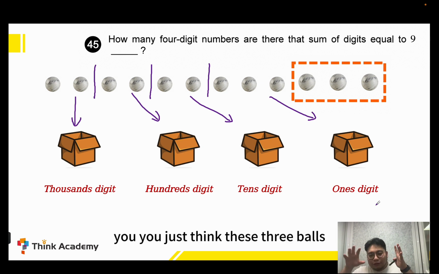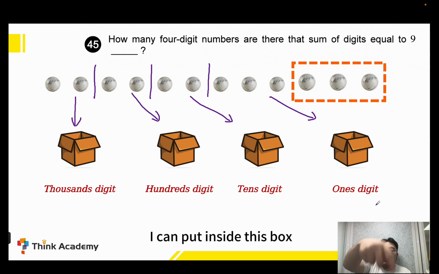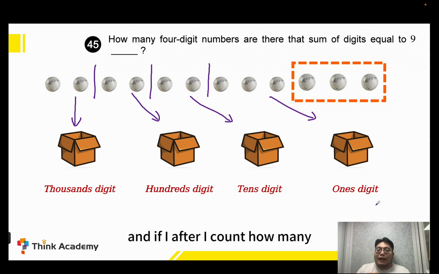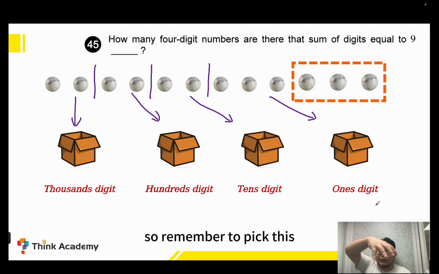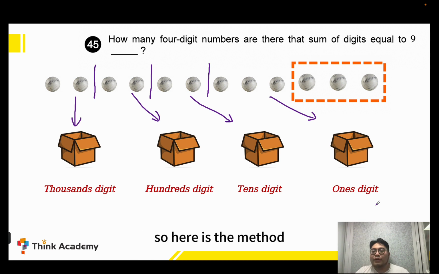Think of these 3 balls as borrowed from others, put inside the boxes. After I count how many ways I can put these balls, if, for example, the hundredth digit and tenth digit only have 1 ball, you remember to take your borrowed balls out of the boxes. So here is the method: think of these 3 balls as fake balls.